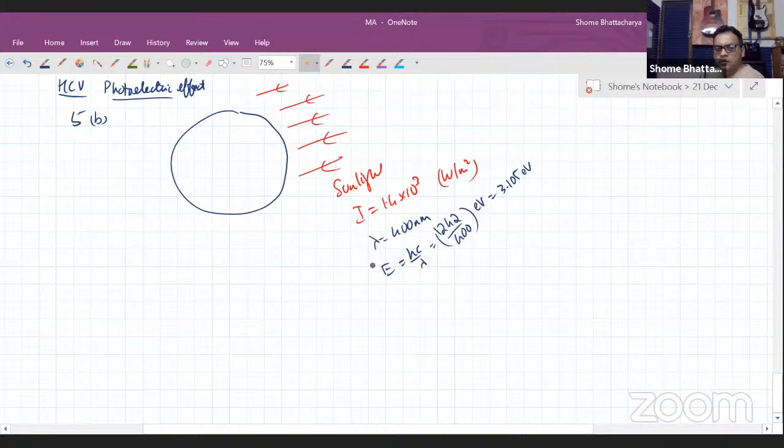Okay. So this is the energy of the photon, this is the intensity.